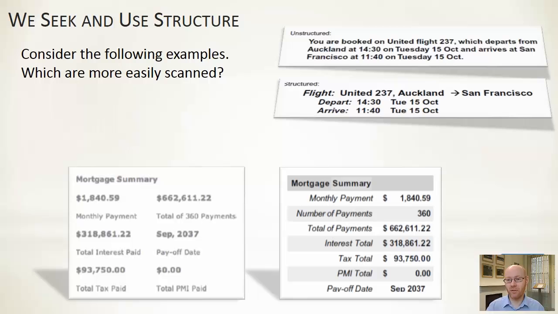You know, you're booked on a certain flight, departing from a certain location at a certain date and time. The structured one retains the core information, but removes some of the wordiness from it, and puts it out in terms of really getting across the essence and the heart of it. Much more easily scanned, much more easily digested.